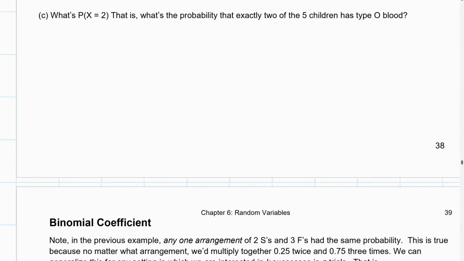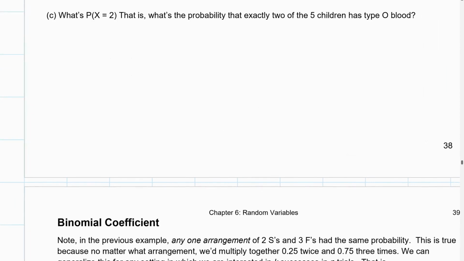Well, we could start with one way that could happen. Success, success, failure, failure, failure, which is 0.25 times 0.25 times 0.75 times 0.75 times 0.75, or 0.25 squared times 0.75 cubed.